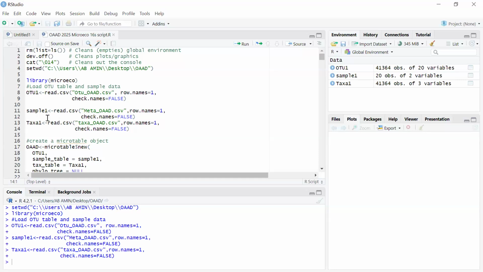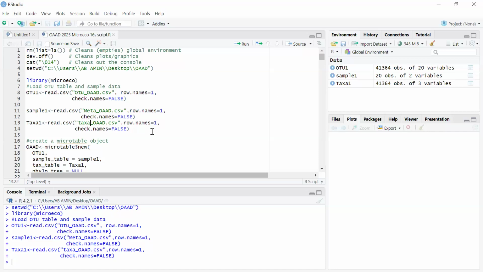I am loading it. This is the OTU count, this one is the sample data, and this one is the taxa data. As you can see, they are already loaded.